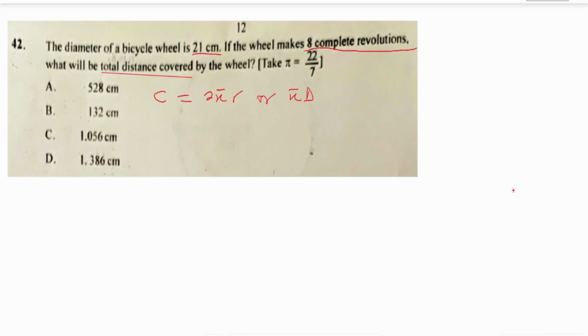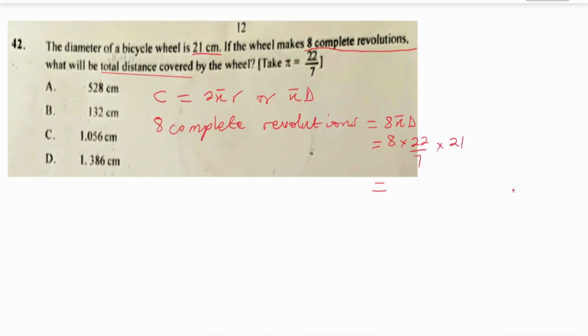That means 8 complete revolutions will be equal to 8 times pi d, which can also be written as 8 pi d. And substituting the value of the diameter, that will be equal to 8 times 22/7 for pi times the diameter, which is 21.